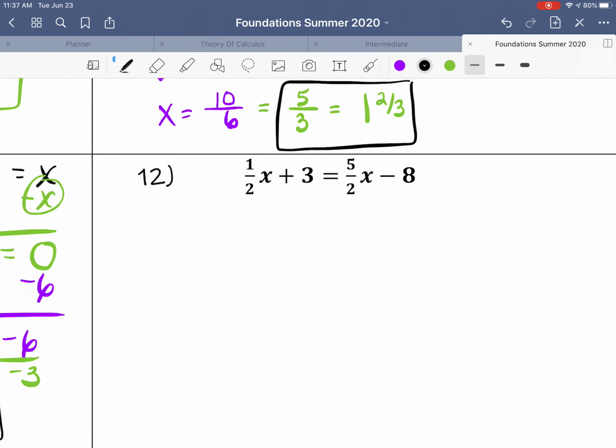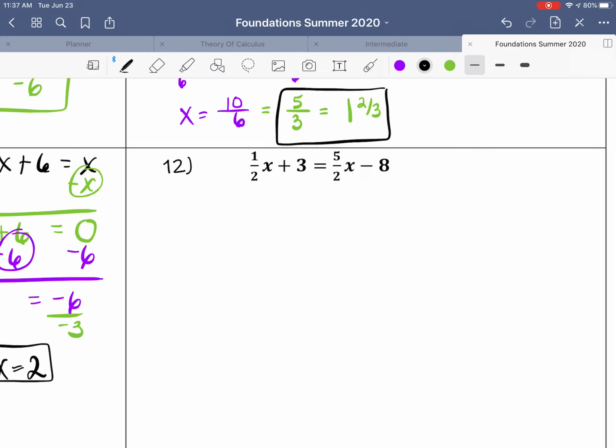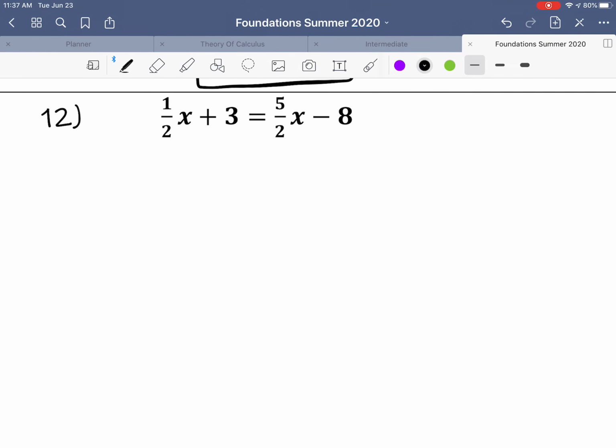Last one. Fractions. Yay, we love fractions. There's really two ways that you can do these. I'll show you both. So you'll notice on the fractions that we have a denominator of 2. I'm going to multiply everything by 2.